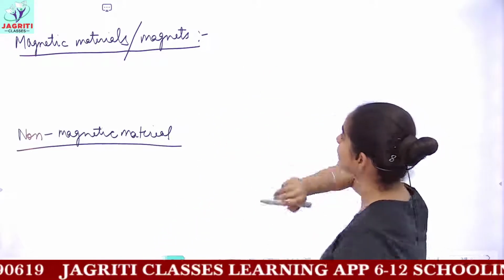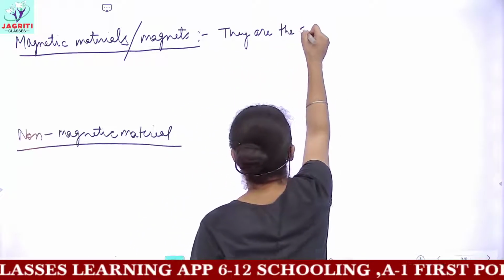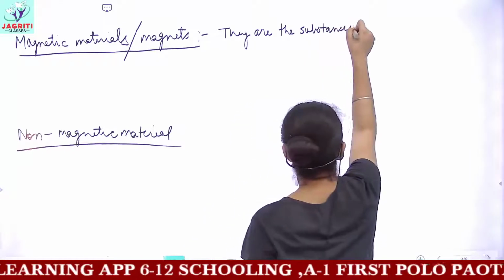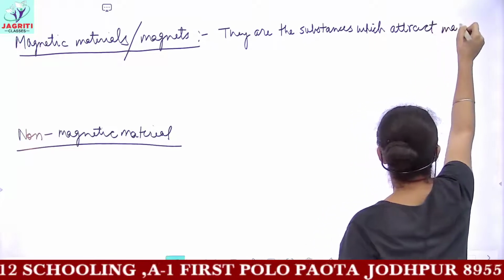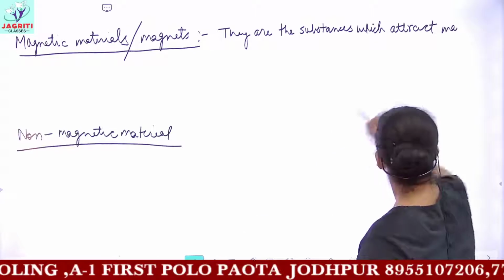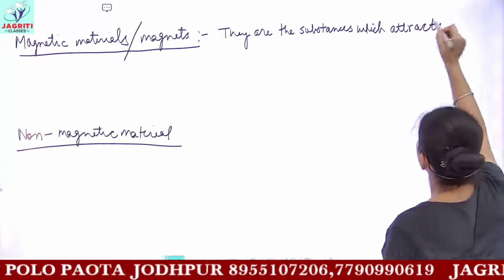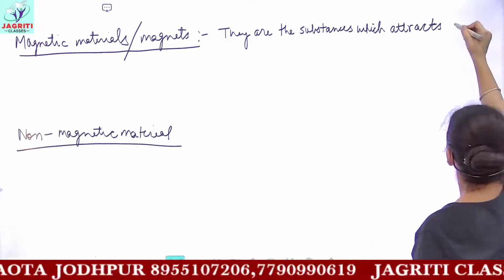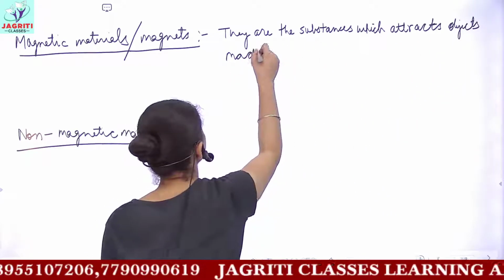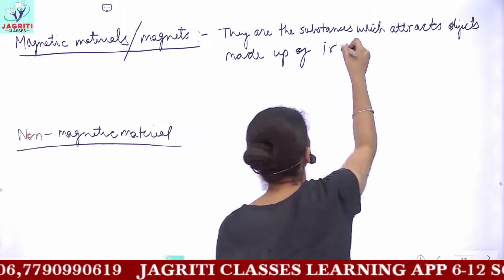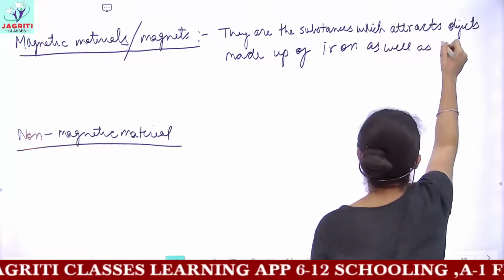So we can define magnetic materials or magnets as the substances which attract iron objects. You all know that a magnet attracts iron objects. So magnetic materials are the substances which attract objects made up of iron, as well as iron-like objects.